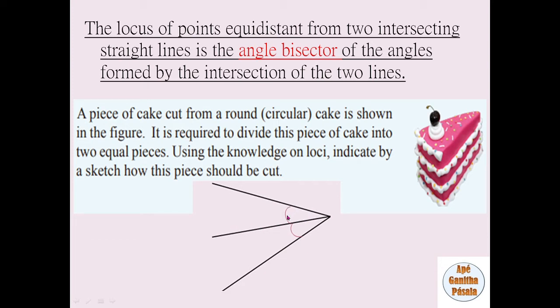Bisector means if this angle is 60 degrees, then each part should be 30 degrees. So you have to draw a rough sketch. Just draw an angle and draw the angle bisector. This is the answer for that question.